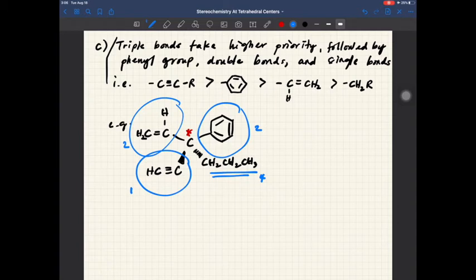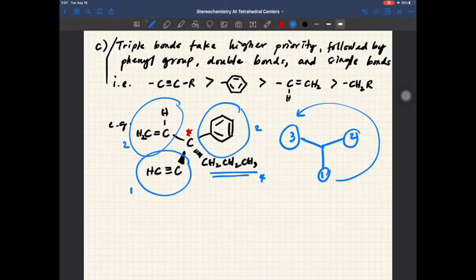So this compound is bonded in such a way that it follows this type of orientation. So you have 1, 2, and 3. The substituents are arranged in a manner that follows a counterclockwise direction. So basically, the chiral center for this compound is designated as S, or this one is an S enantiomer.